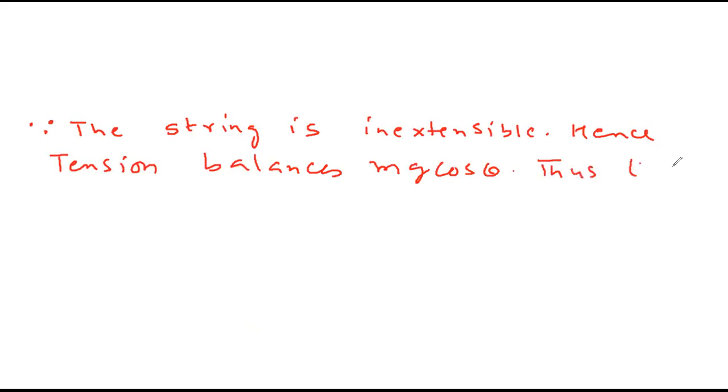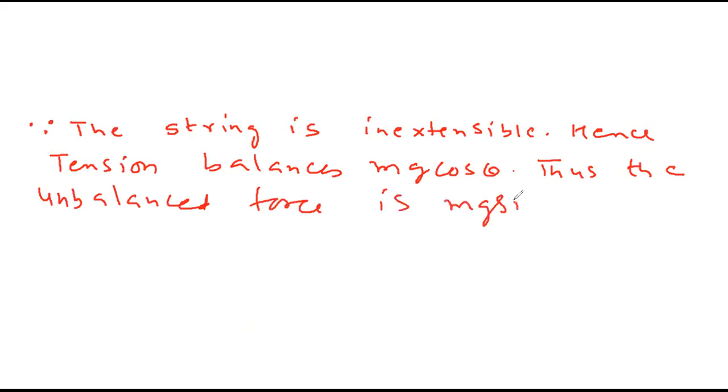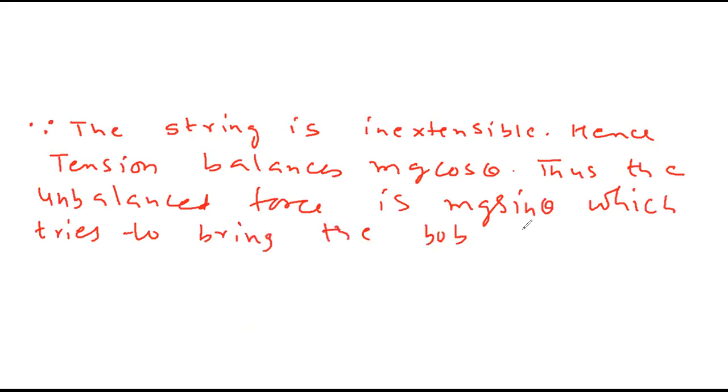Thus, the unbalanced force is mg sin theta, which tries to bring the bob back to the original position.